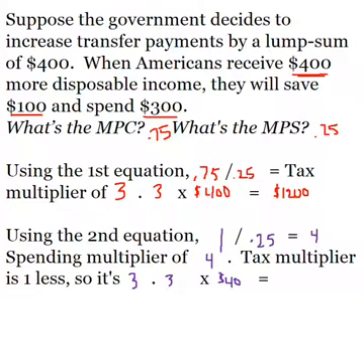So again, both equations will get you to the right answer. If you had forgotten about the tax or transfer multiplier equation and done spending multiplier, you would have come up with $1,600. So our same rule is applying, that the tax and transfer multiplier should have a smaller overall effect on the economy than the spending multiplier.